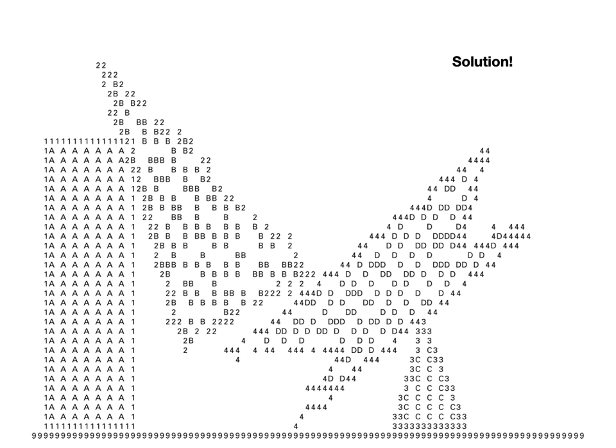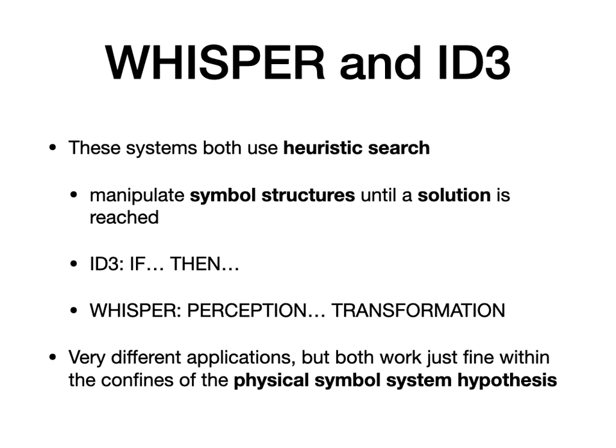So that's Whisper, right? It is a system that tries to simulate a sort of basic version of physics. So when we contrast this with ID3, these are both systems that are using heuristic search, right? They both manipulate symbol structures until a solution is reached.